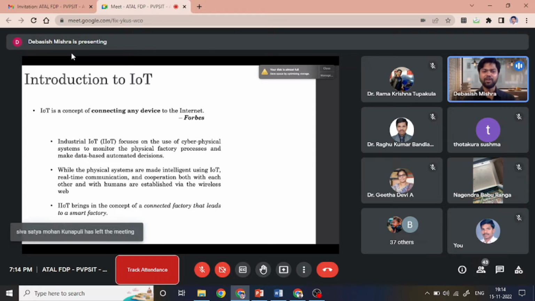That means when we switch on our TV or when we switch on an app, it has the ability to communicate data to their server.